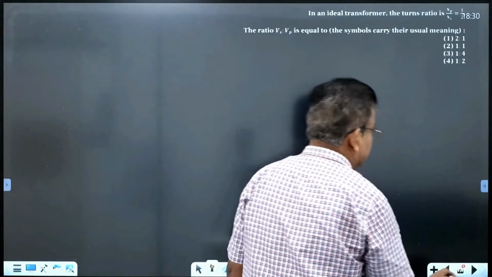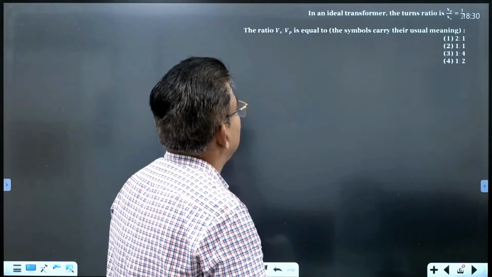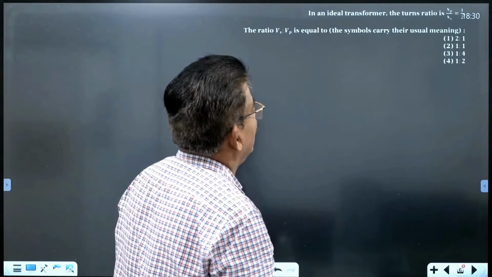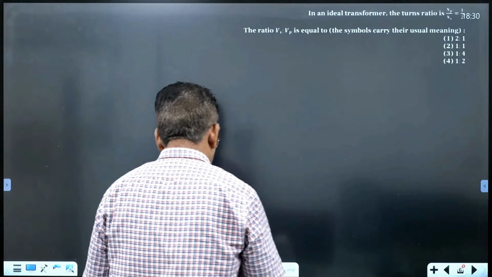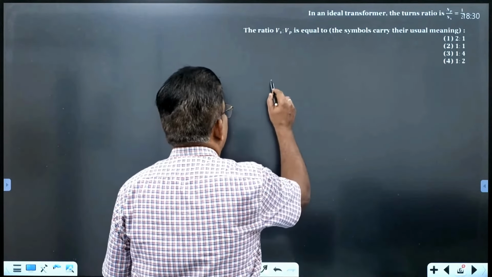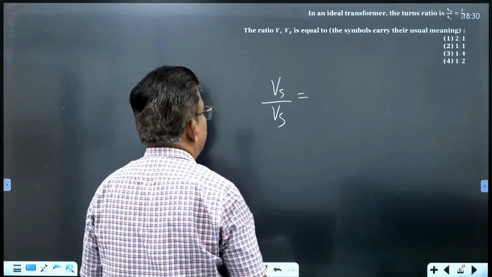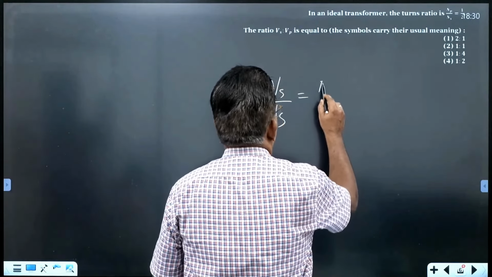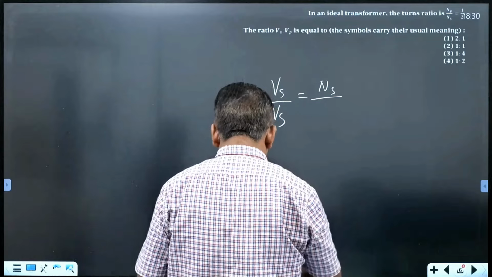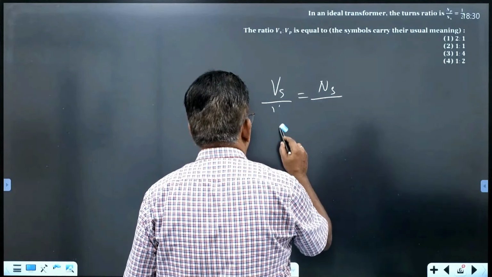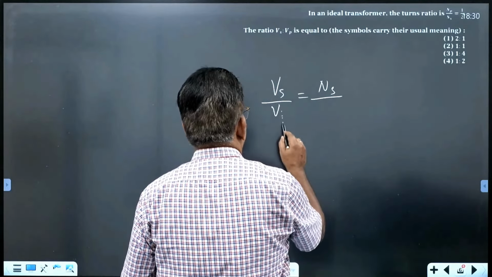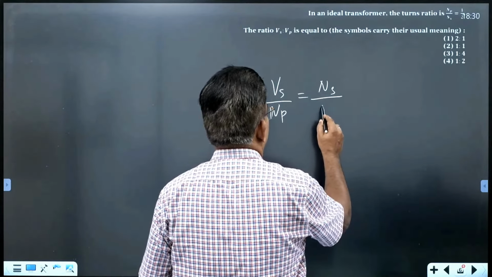Now, come to the next question. Here, in the transformers, very simple, the number of turns in primary to secondary is 1:2. We have to find the voltage in secondary, and the simple relation is Vs by Vp is equal to Ns by Np.